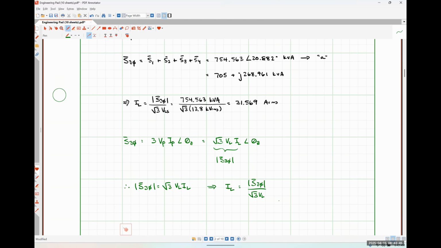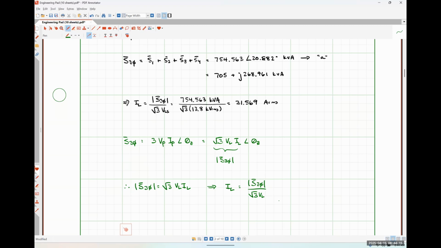So that 3 out front of the VP IP is 100% because it's a 3-phase system. That √3 comes from the fact that I can split that 3 into square root of 3 times square root of 3. And then I know that in a Y-connected system, my line currents and phase currents are related by √3, and in a Y-connected system, my line voltages and phase voltages are related by a factor of √3.